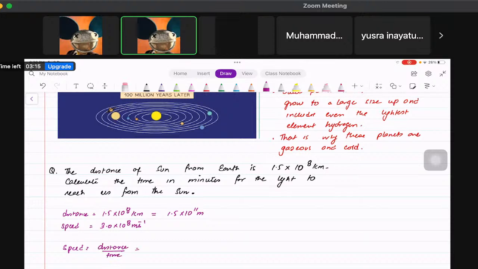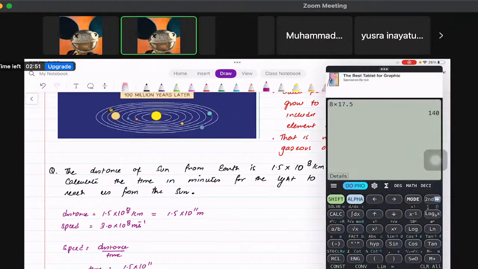We need to find time, my bad. So time will be 1.5 times 10 raised to 11 divided by speed, 3.0 times 10 raised to 8. If you try to find this, it is about 500 seconds.